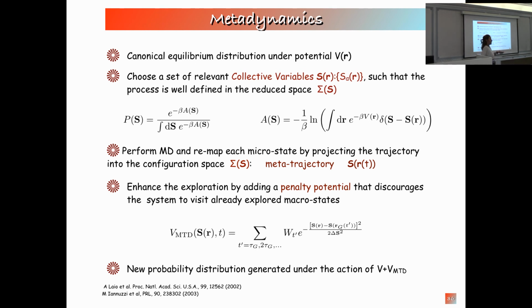You increase the dimensionality of the space that you have to sample if you increase the number of collective variables, so you have to expect a longer time to sample it. It's obvious. And then the probability distribution that you obtain can be used to reconstruct the underlying free energy surface.